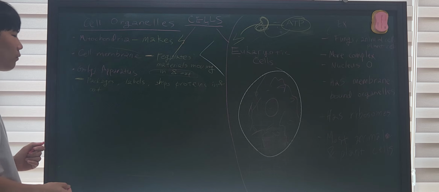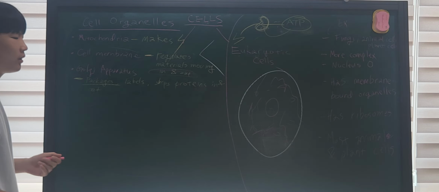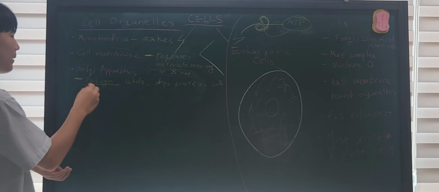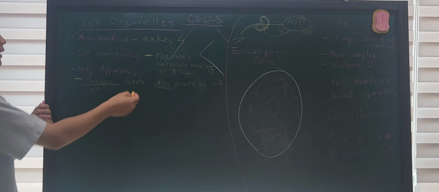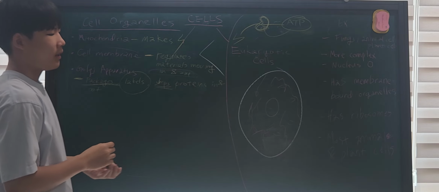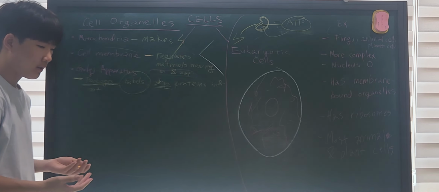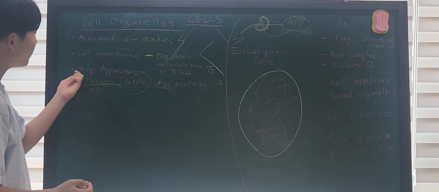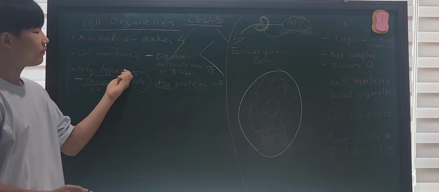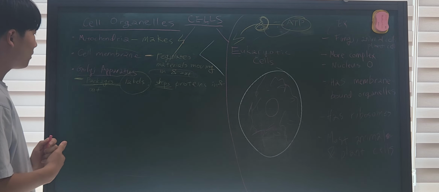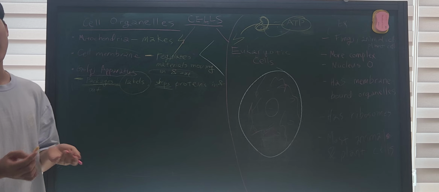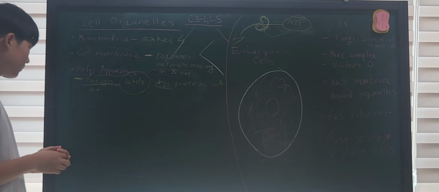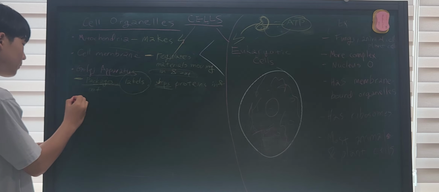By packaging and shipping, you can see it transports proteins. And by labeling, you can understand it as the Golgi apparatus can divide the proteins into specific kinds. That's it.